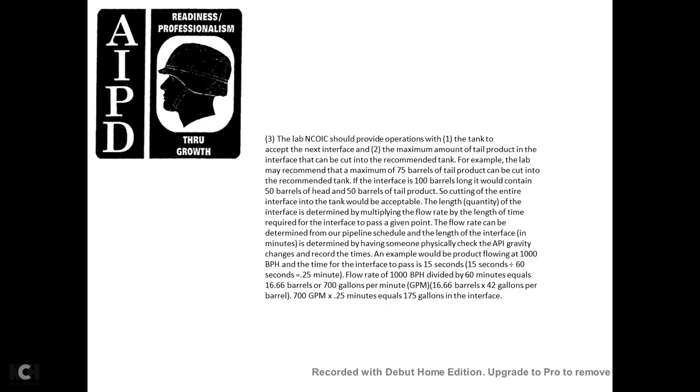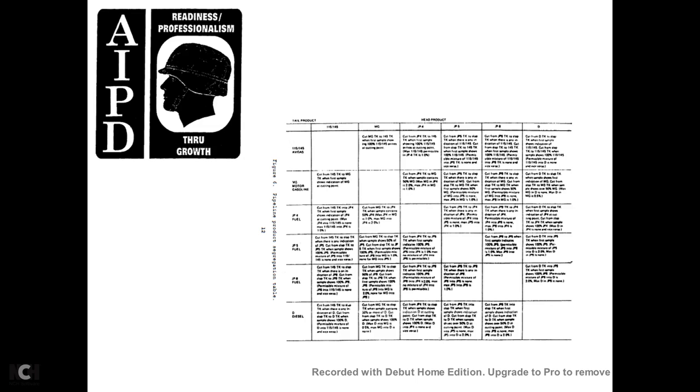The time for the interface to pass is 15 seconds, which is 15 seconds divided by 60 seconds, or 0.25 minutes. The flow rate of 1,000 barrels per hour divided by 60 minutes equals 16.66 barrels, or 700 gallons per minute, with 16.66 barrels times 42 gallons per barrel. 700 gallons per minute times 0.25 minutes equals 175 gallons of interface.